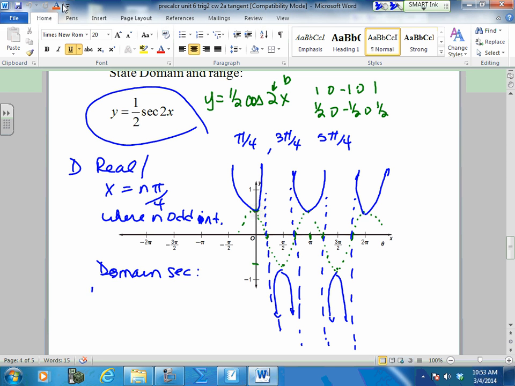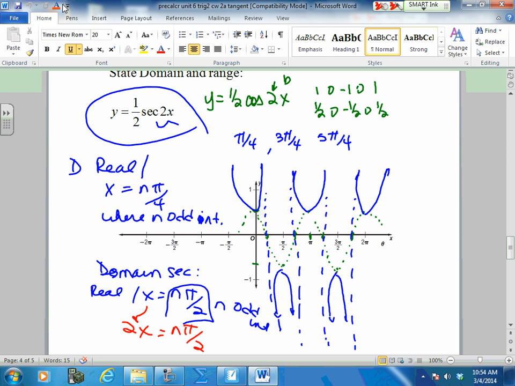Your domain says all real except n pi over 2, where n is an odd integer, right? Now, we're going to take this right here, because that's equal to x. What do I have here now instead of x? 2x. So now I'm going to set x to 2x and solve for x.